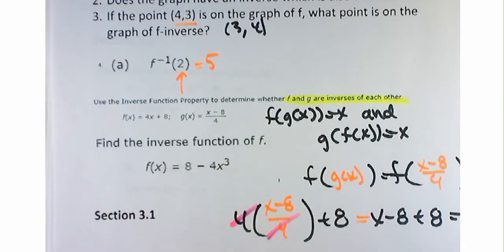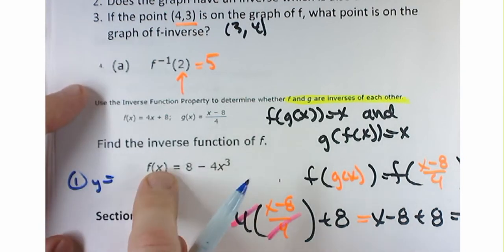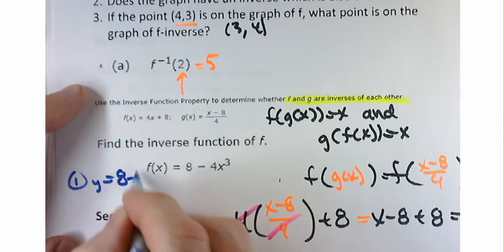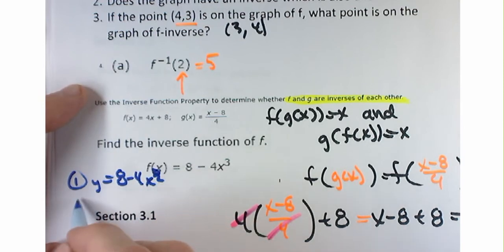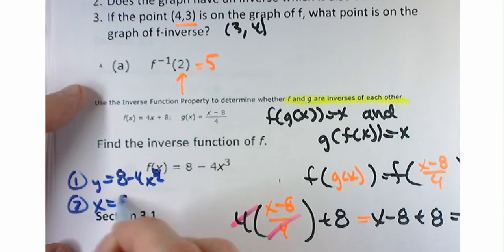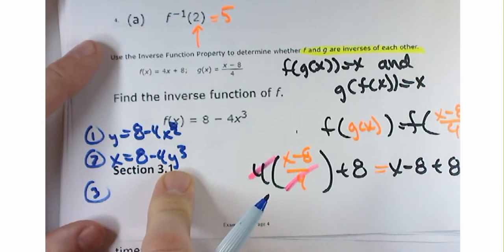So that would be by setting y, replacing f of x by y. That should be a cubed. Interchanging x and y, x equals 8 minus 4y cubed. Solve for y.